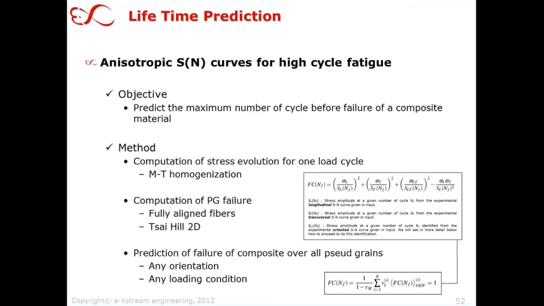So for fully aligned fibers based on a Tsai-Hill 2D, it's 3D for the upcoming software failure indicator. And then the failure of the composite over all pseudo-grains is basically a weighted sum over the failure of each pseudo-grain. And so this is then taking into account any orientation and any loading condition. So that's the model behind.